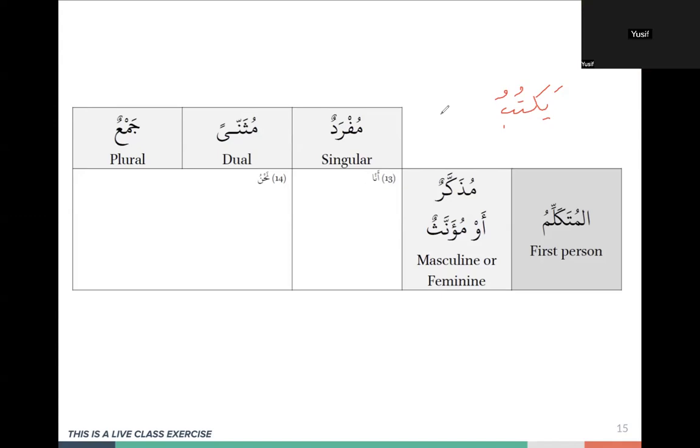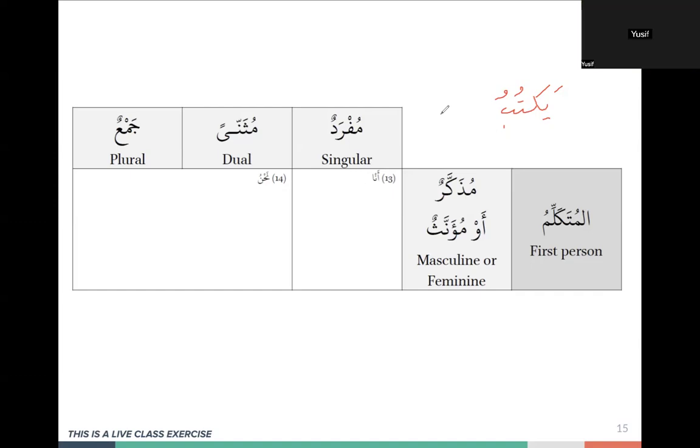تكتب تكتبان. Pay attention to this one. يكتبون. No, no. يكتبن. Yaktubna. Good. Yaktubna. Anta: أنت تكتب. Mhm. أنتما تكتبان.